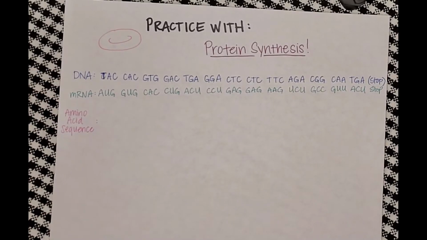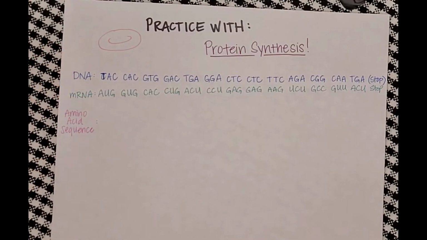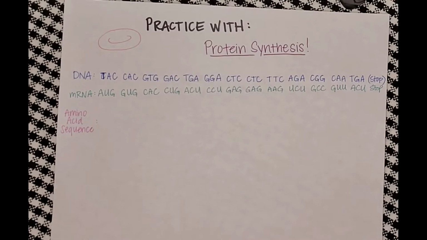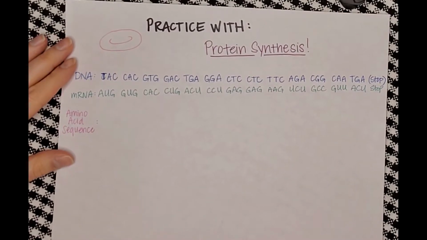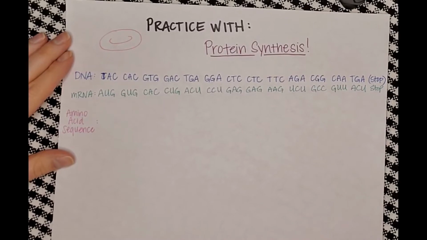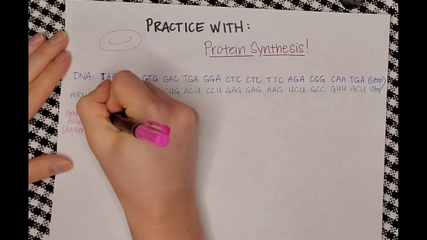So now we've made some mRNA. The next thing we need to do is use a wheel for our codons, or a codon chart, to figure out the amino acid sequence that we're creating here. I'm going to go ahead and write these out, but feel free to pause right now and look these up on your own if you want to. AUG is our start codon.